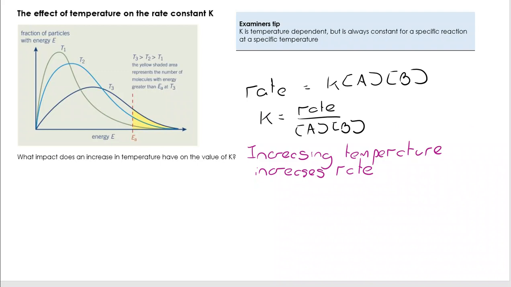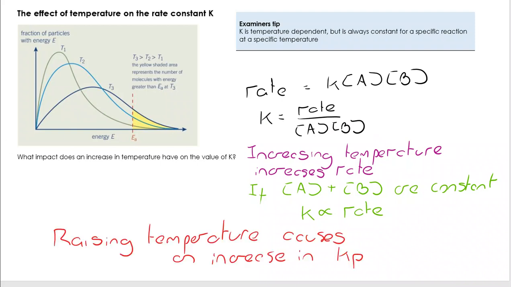And if rate is increasing but A and B are staying the same, then we can actually see that k is proportional to rate. So increasing temperature will always cause an increase in k, the rate constant.